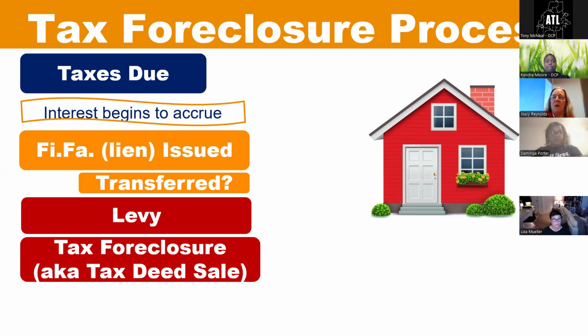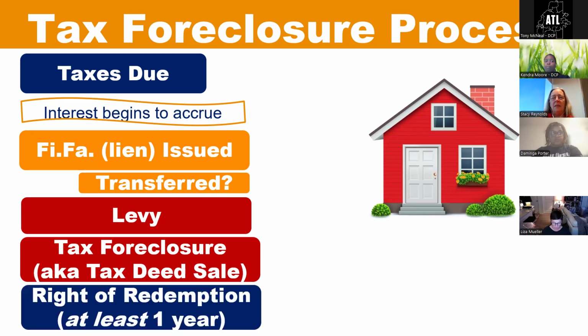But the person who's buying it at a tax foreclosure actually gets a tax deed, they don't get full ownership. That tax deed is going to be subject to the right to redeem. And you have at least 1 year from that tax foreclosure to be able to redeem. After that, they can foreclose the right to redeem, which is basically going through a notice process to give you a deadline to pay the redemption amount.